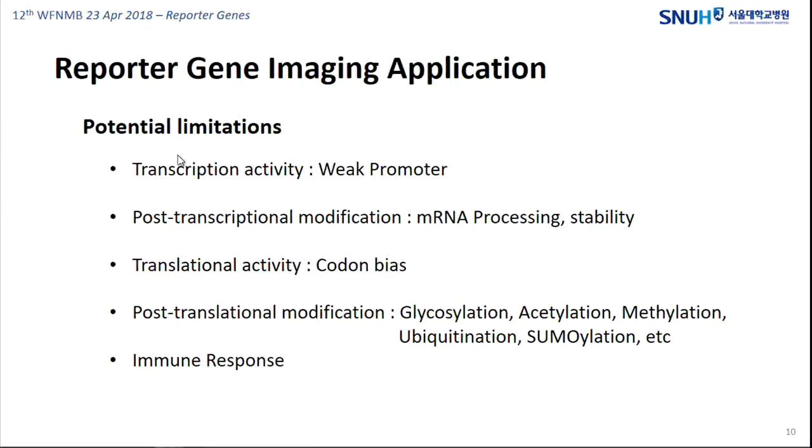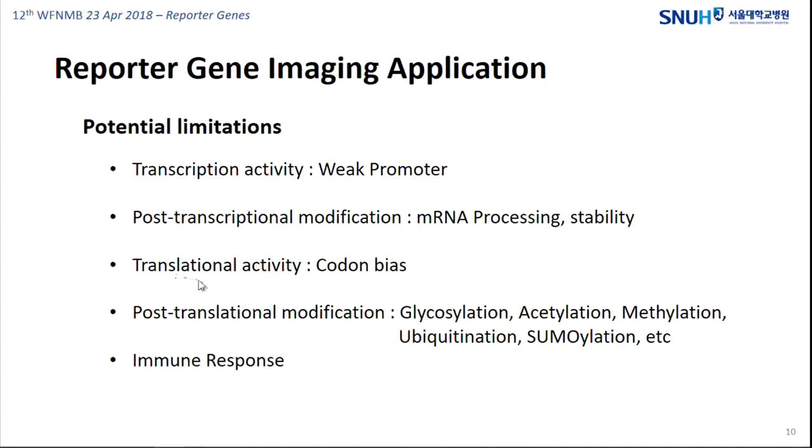And also, the expressed gene has to undergo modification after transcription. Post-transcriptional modification is really important. Sometimes mRNA processing and stability is also important, and translation activity is also important. And sometimes the codons, I will explain later, the gene itself is not optimized for translation. So we have to consider that.